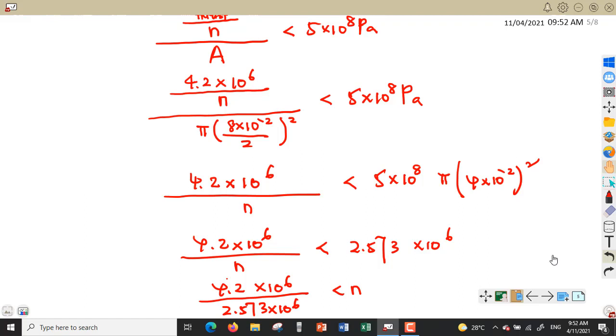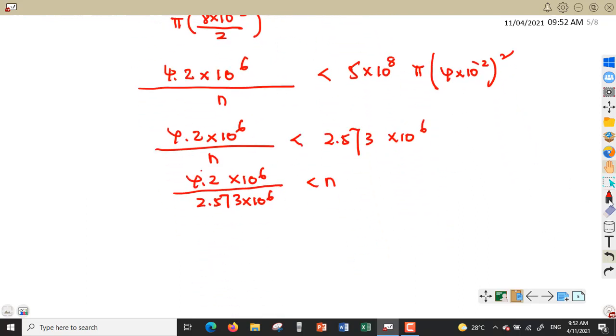Okay, so continue the mathematics. So I solve this one, I'll get around 1.67 less than n.